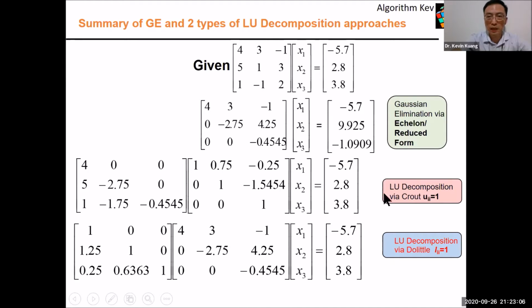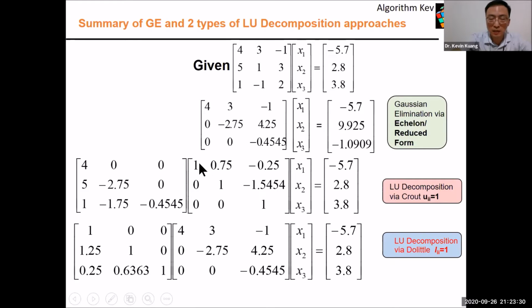And using LU decomposition via Kraut's method, what we get is two matrices, the product of which should give us the original matrix A. What we can observe from here is that in the U matrix, the diagonal elements are all 1.